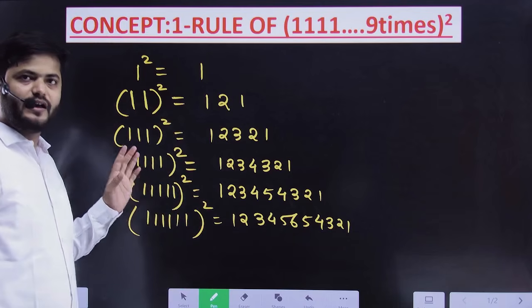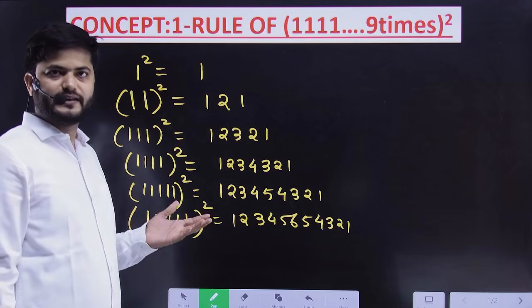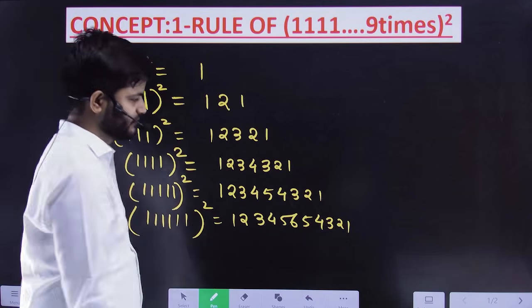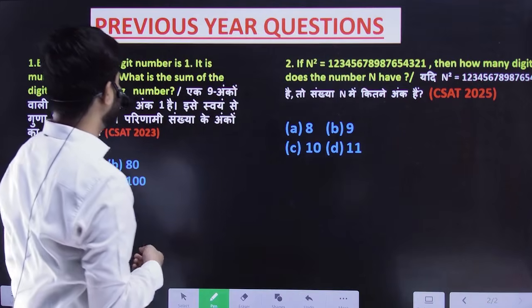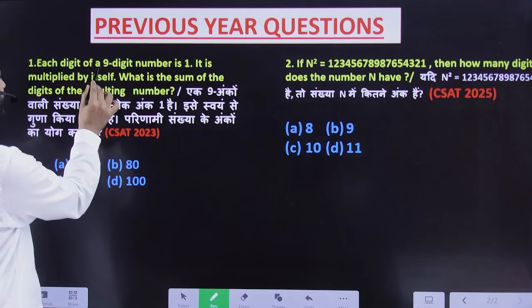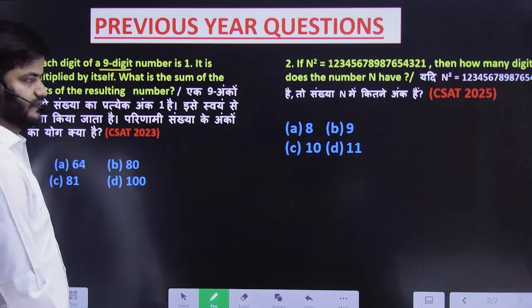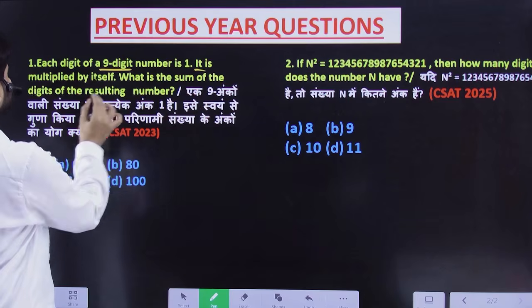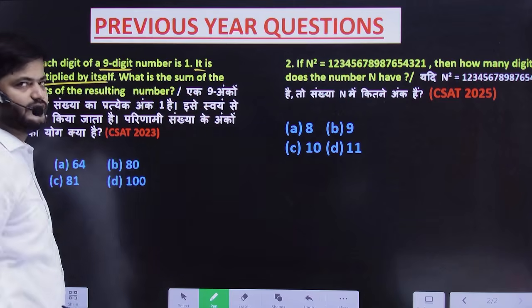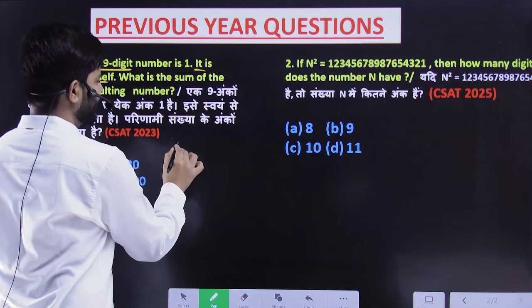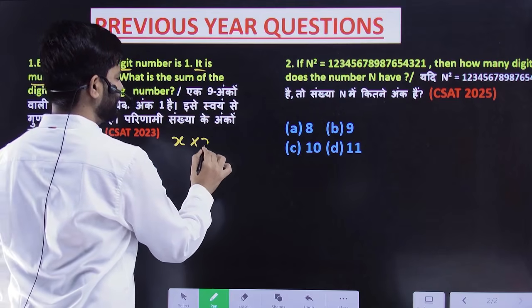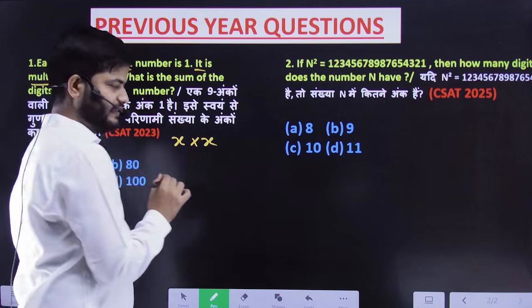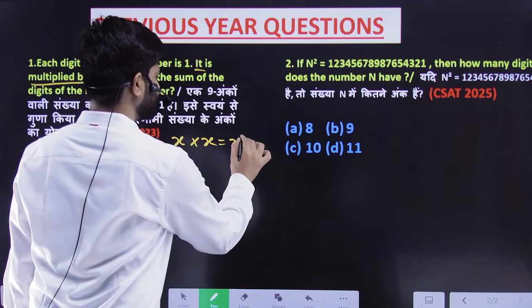Now see what type of questions were asked in previous years of CSAT. The question was: each digit of a 9-digit number is 1 and it is multiplied by itself. When any number x is multiplied by itself, x into x, this becomes x square.